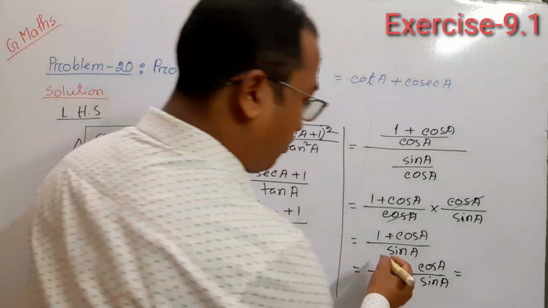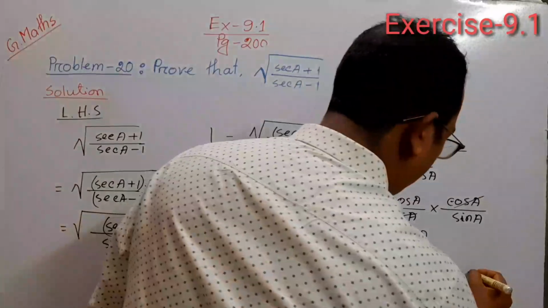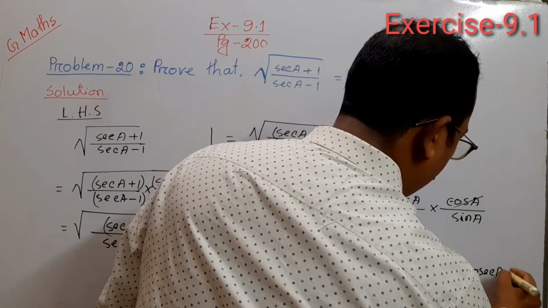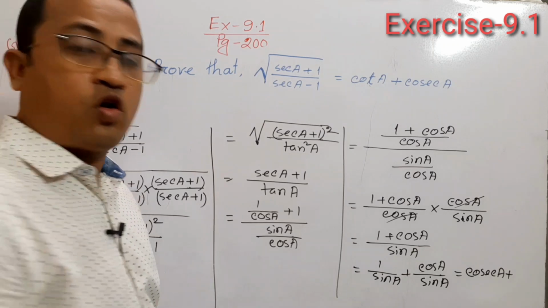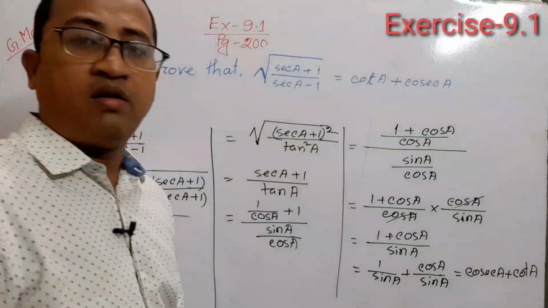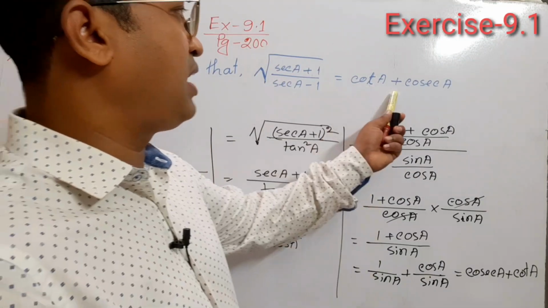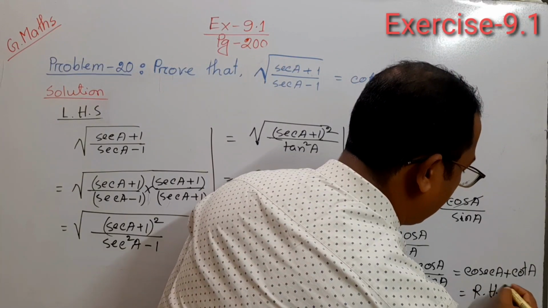It becomes 1 by sin A, that is cosec A, and cos A by sin A, that is cot A. So this is our right hand side. Look, cot A plus cosec A. This is the right hand side. Proved.